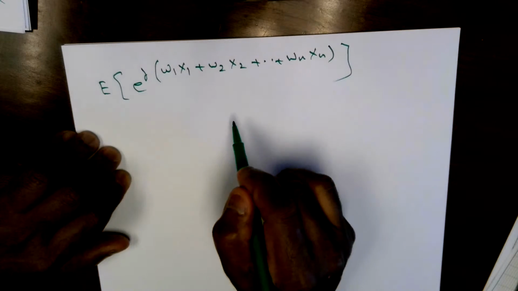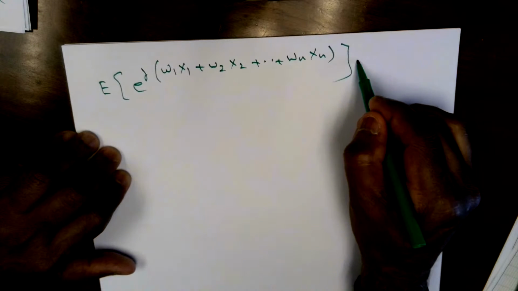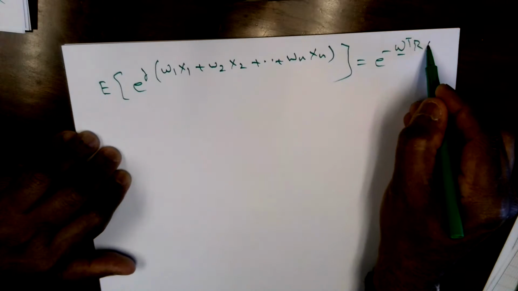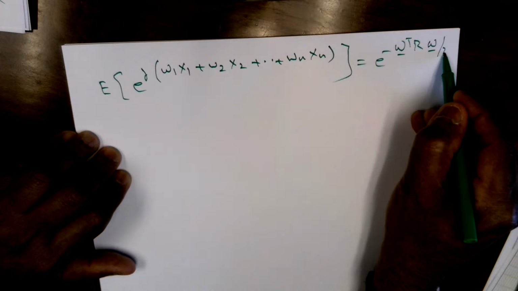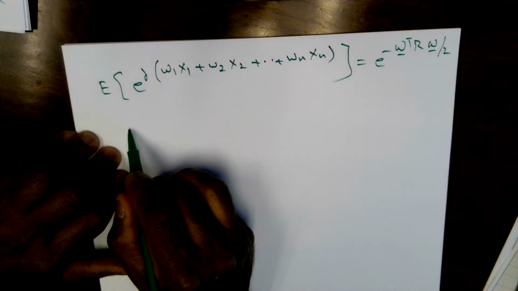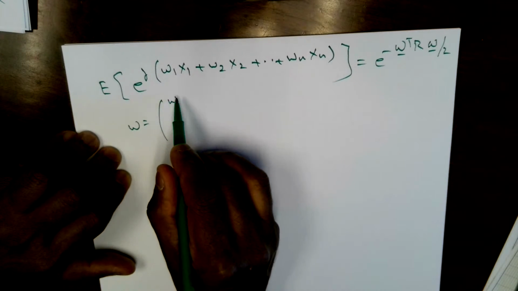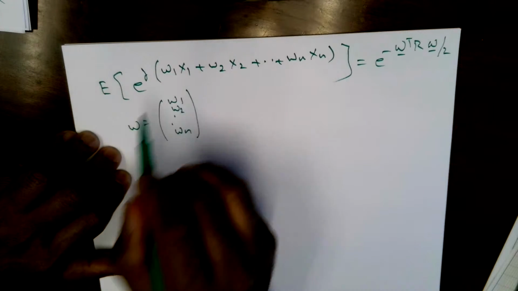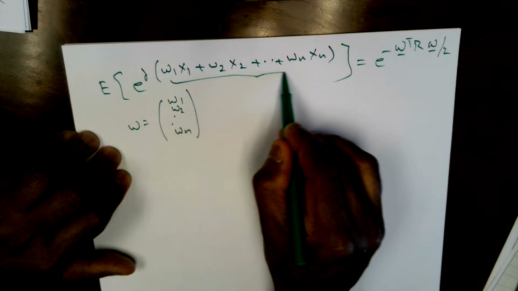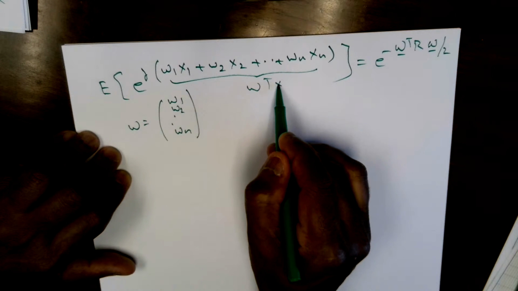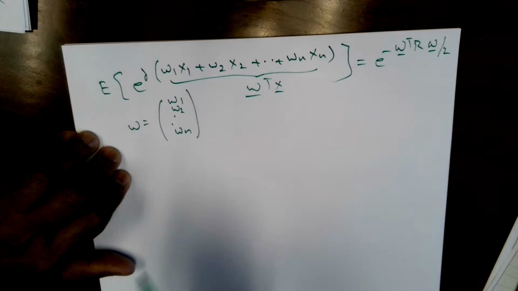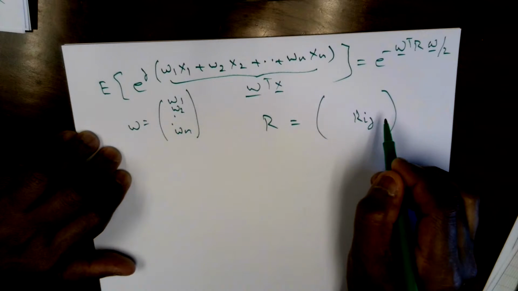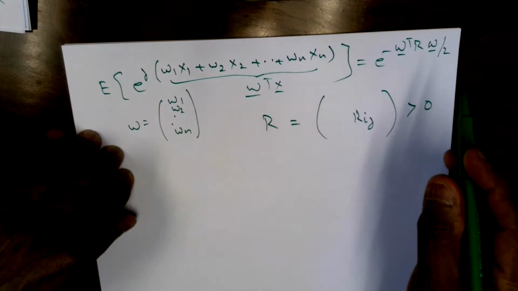Now, for the Gaussian random variables that I described, this is a well-known expression: e to the power minus omega transpose R omega by 2, where omega is this vector of omega 1 through omega n, the same thing arranged in a vector. Notice that, if you want, you can write the exponent as omega transpose x. And R is a covariance matrix whose ijth entry is Rij and it's non-negative definite, etc.